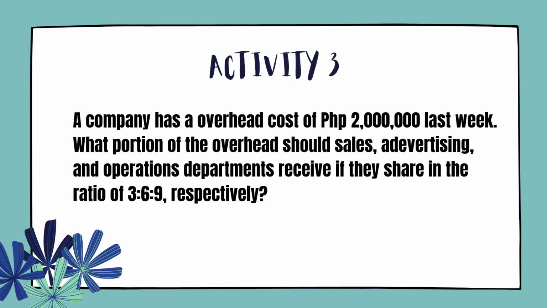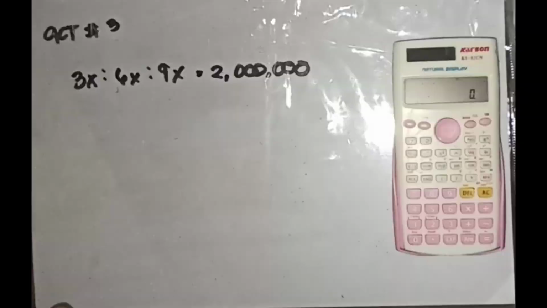As for the last activity, a company has an overhead cost of 2 million last week. What portion of the overhead should sales, advertising, and operations departments receive if they share in the ratio of 3:6:9 respectively?